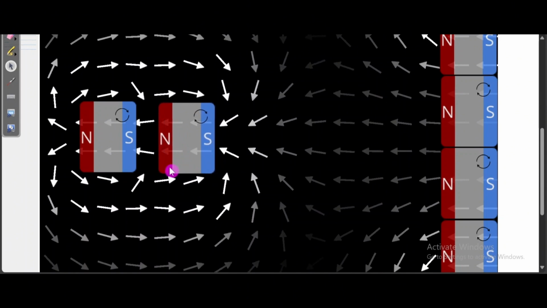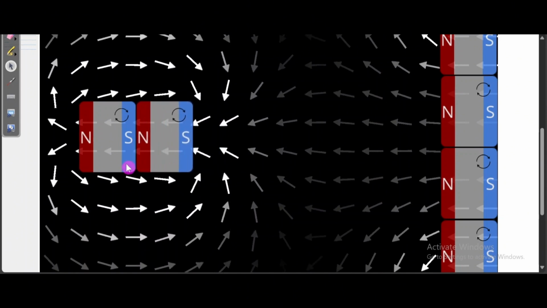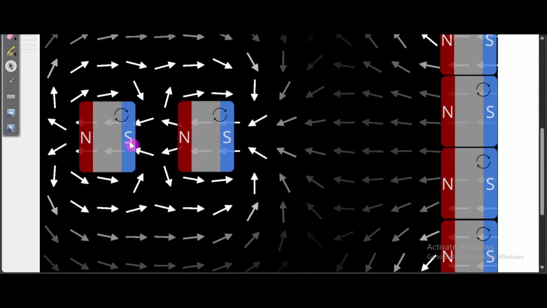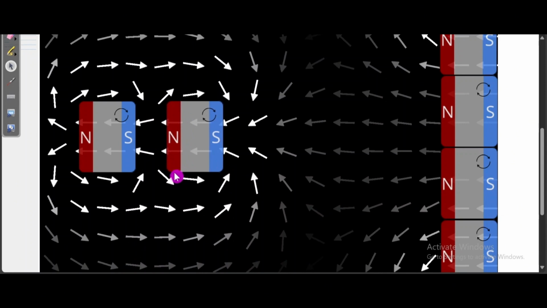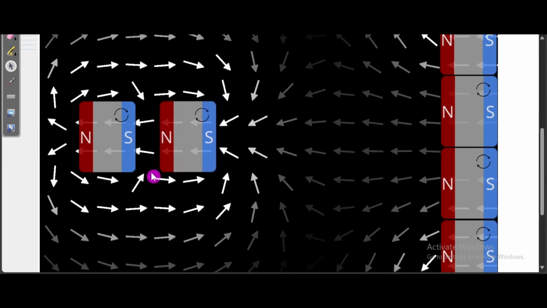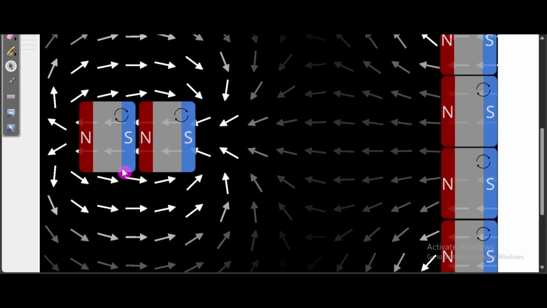Due to this, the motion of this magnet increases. If this magnet comes nearer, its motion will increase. So let's observe it here. Their motion is increasing, and it has increased.